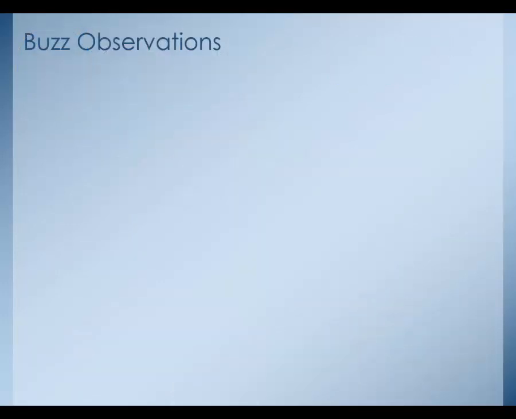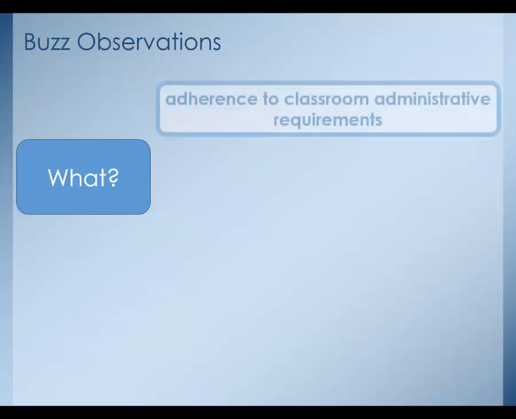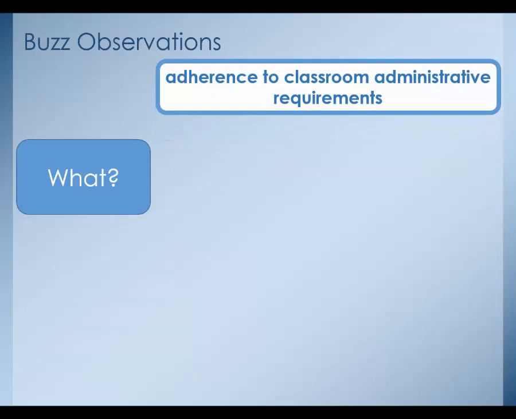Another type of evaluative activity that is conducted are buzz observations. To clarify, the focus of the buzz observation is not intended to assess quality of teaching. This is the focus of your formal observation. Rather, it is to ensure that teaching is taking place and that certain administrative requirements are being met.